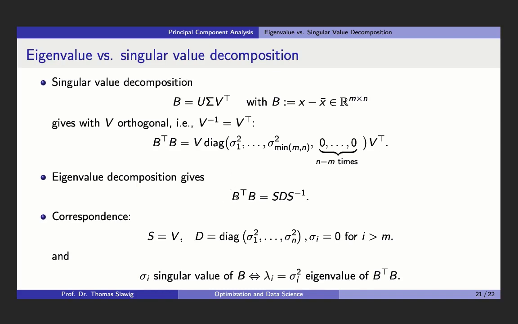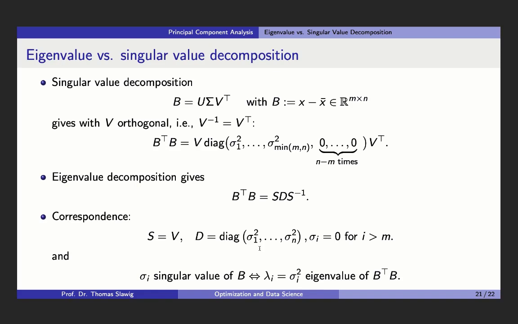And V transposed is S minus 1, because we know that the inverse of an orthogonal matrix is the transposed. So we have the same thing computed in two different ways, applying the singular value decomposition directly on the matrix B, or the eigenvalue decomposition on B transposed B. This is directly operating on the data matrix, and the eigenvalue decomposition is operating on the covariance matrix, if we just don't have the factor inside before the matrix.